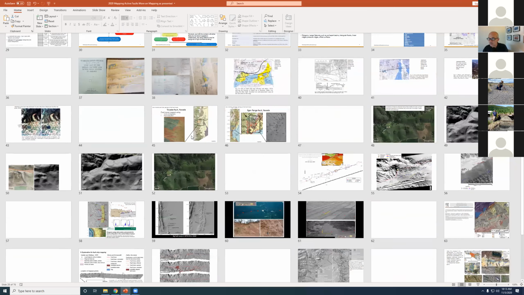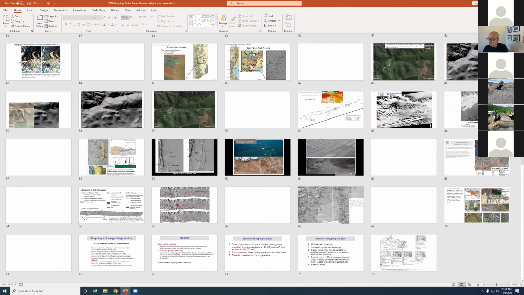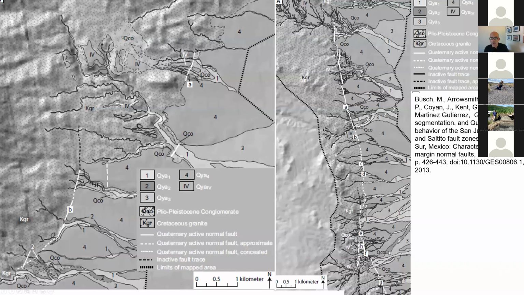So let's look at maybe one more. Here's one from a project in Baja California, in the southern tip of Baja.